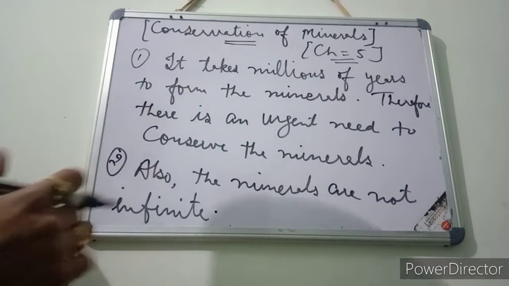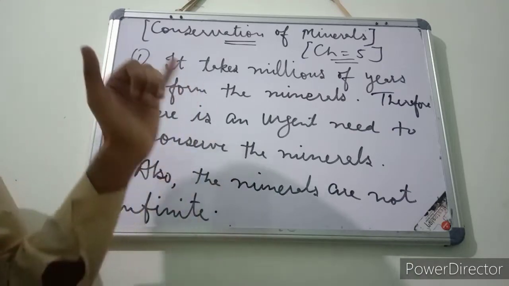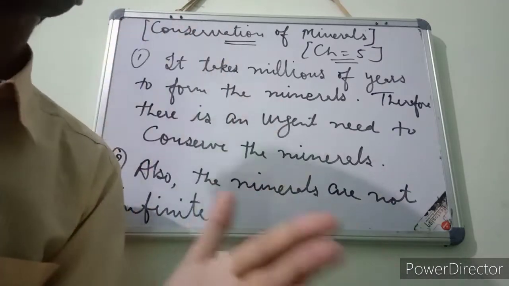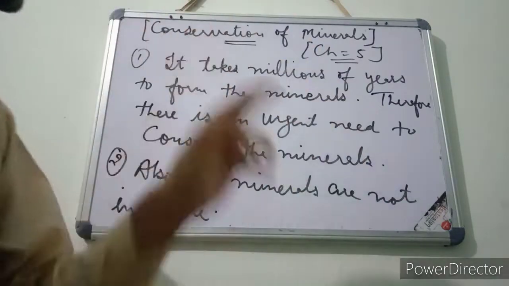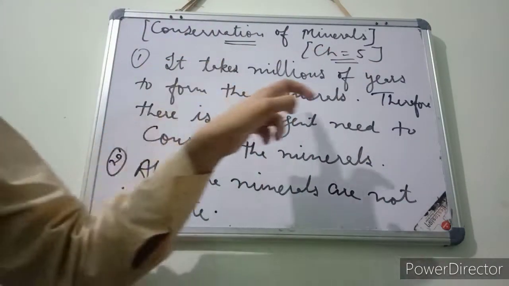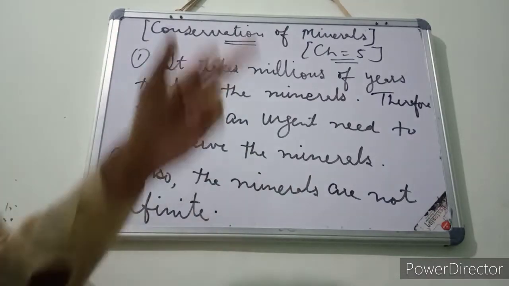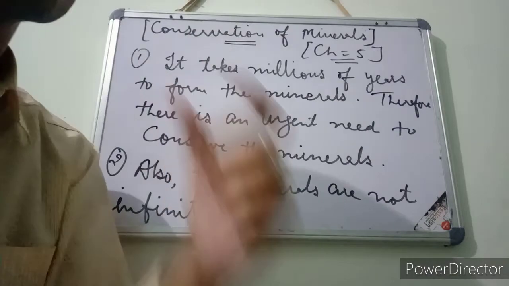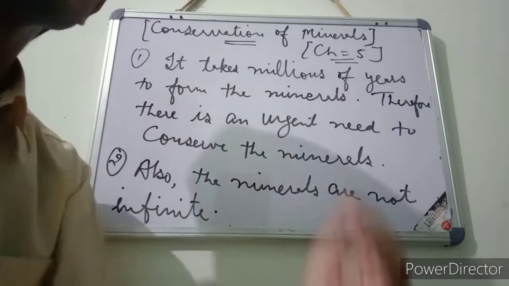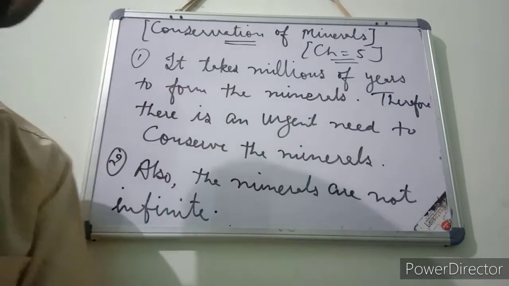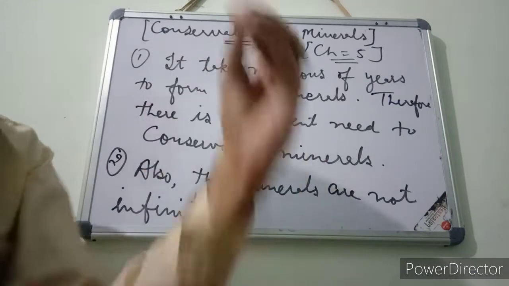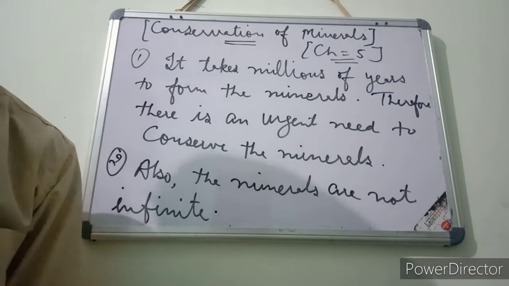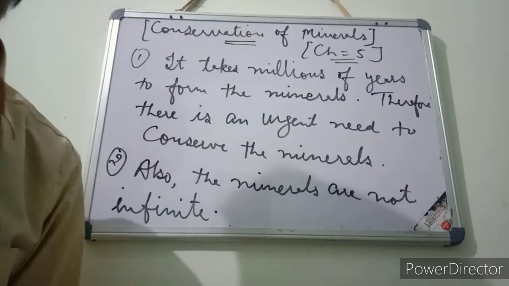Now first of all we see why do we need it. देखो बच्चों, we all know that minerals are not infinite, these are finite, ठीक है, and it takes millions of years to form these minerals. So that is why there is an urgent need to conserve all these minerals, because if we continuously and indiscriminately use these minerals, then very soon within the next 100 to 200 years all of these minerals will get exhausted.